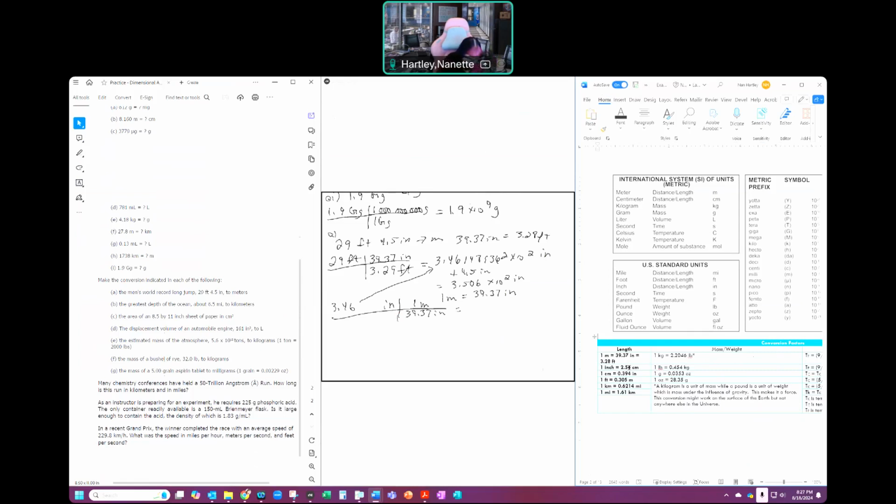I'm going to take that answer that I got times 1 divided by 39.37. And that gives me 8.906 meters. Looking at my numbers, I should have 2 sig figs, so that's 8.9 meters. And that is what I would report.